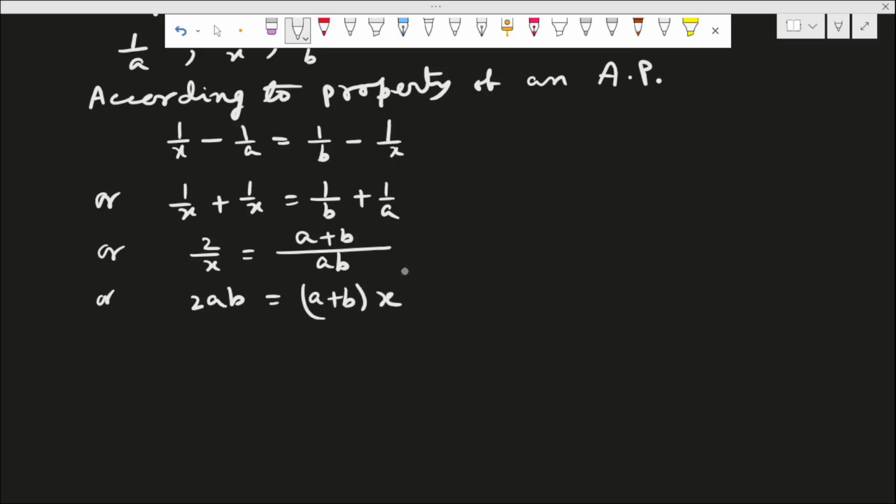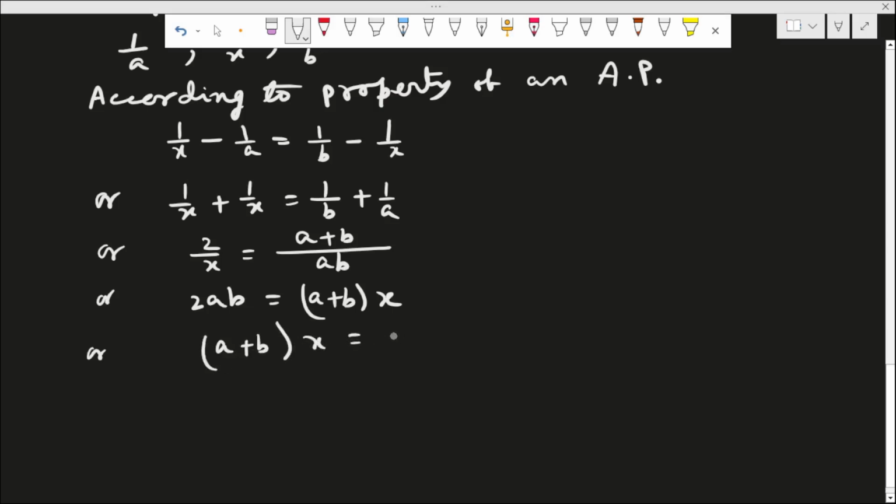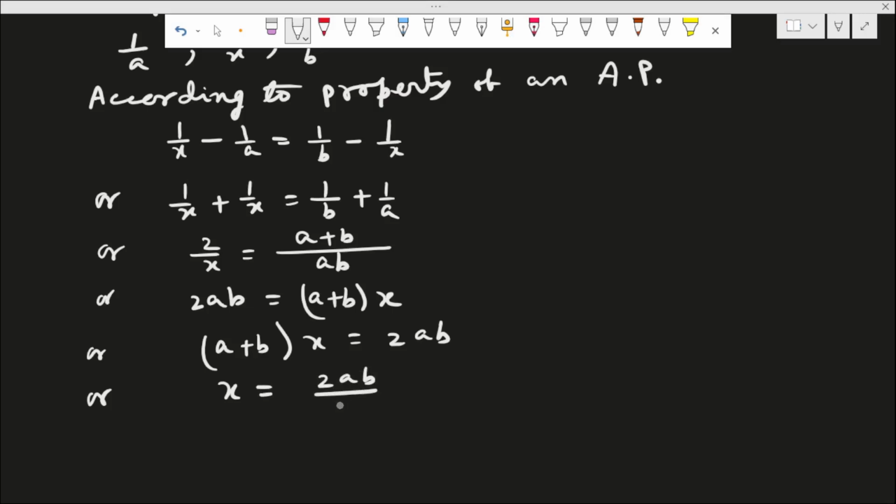Using cross multiplication, 2AB is equal to X times A plus B. Solving for X, X is equal to 2AB by A plus B.